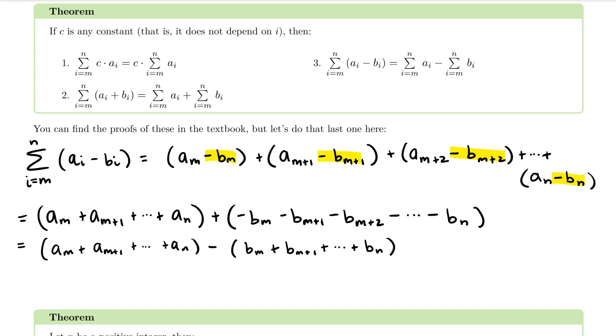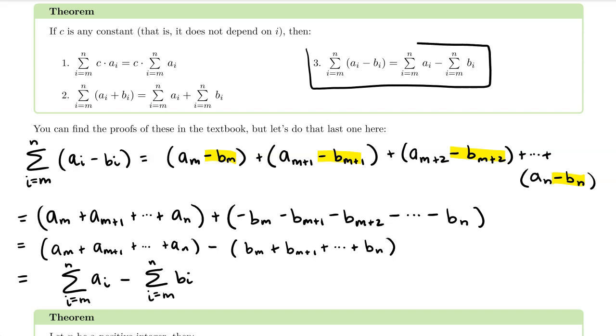But each of these groupings is just by definition the summation from i equals m to n of a sub i minus the summation from i equals m to n of b sub i, which is what we were trying to prove. Item 3 here. So this fancy little symbol just indicates that we have concluded with our proof.